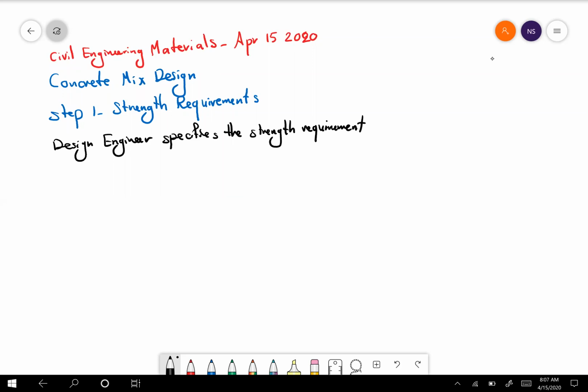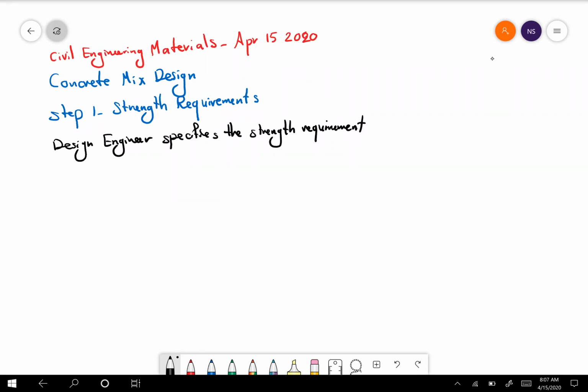So when we design a structure, or an element that has concrete material, again, let's say a concrete pavement or a concrete beam or a concrete dam, once we are done with the design, one of the final outputs of the design is the strength of that concrete element.